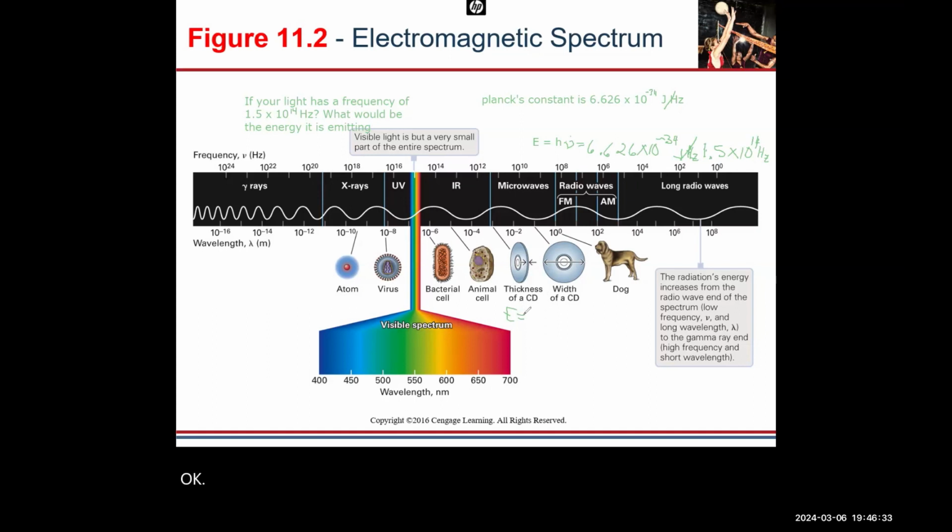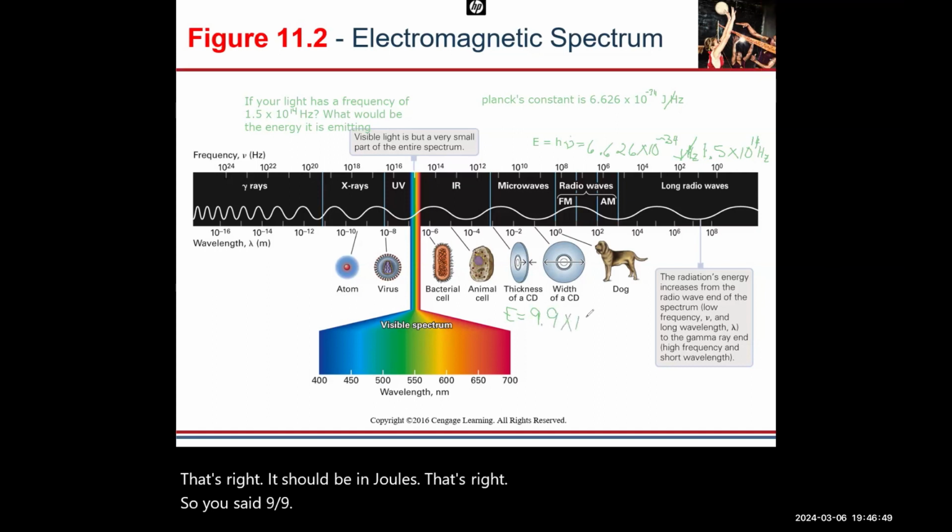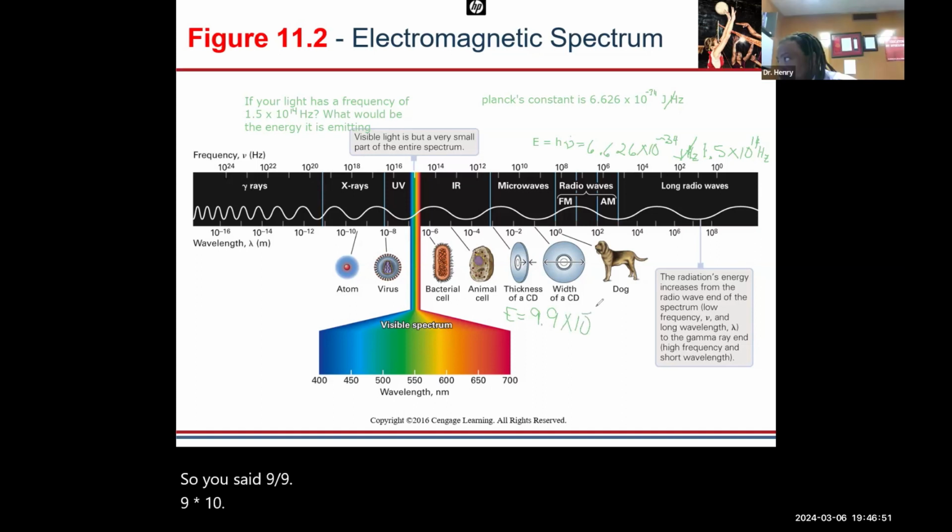Energy is in joules, so that's right, it should be in joules. So 9.39 times 10 to the negative 20 joules. Okay. Question? Okay, good. That's it.